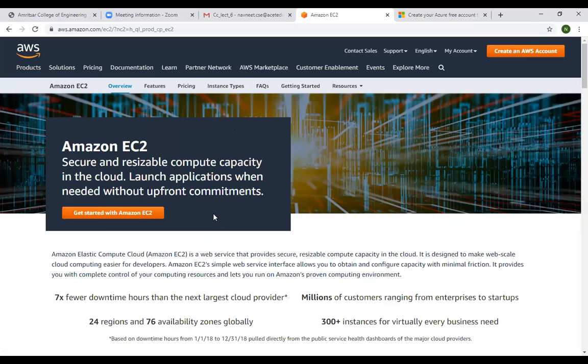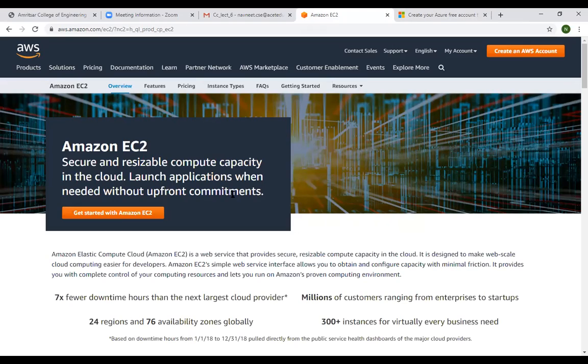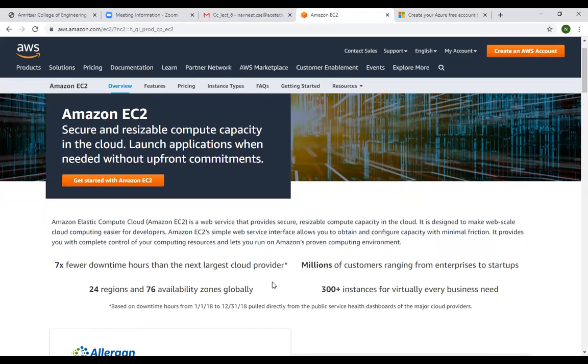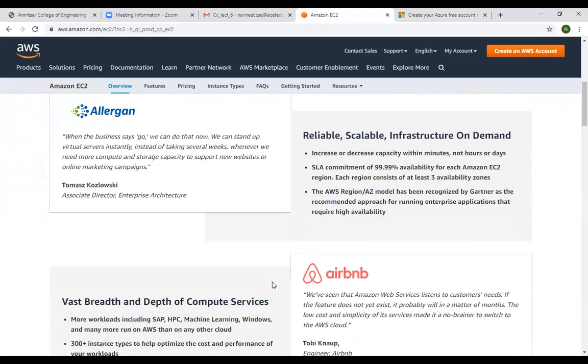But before using any kind of service on Amazon or on another side like Azure, we'll discuss Azure also, but before moving toward Azure, we are discussing AWS. Before using any kind of service, you need to see the payment options or the per hour charges, because all the services may not be free for your use.